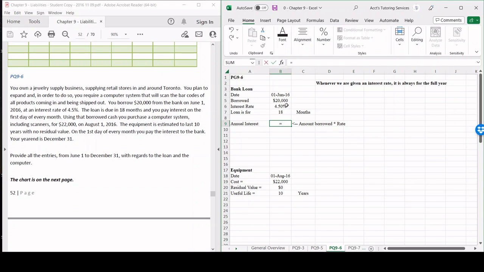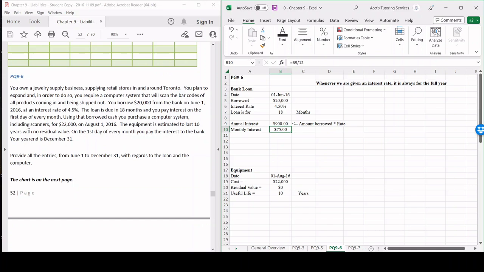So we're going to take the $20,000 borrowed and multiply it by 4.5%, or 0.045, to arrive at $900. Now we're going to calculate the monthly interest, which is going to be 900 divided by 12 months, so $75 per month. That's very important. It fully tells you in the question that you pay interest on the first day of every month.